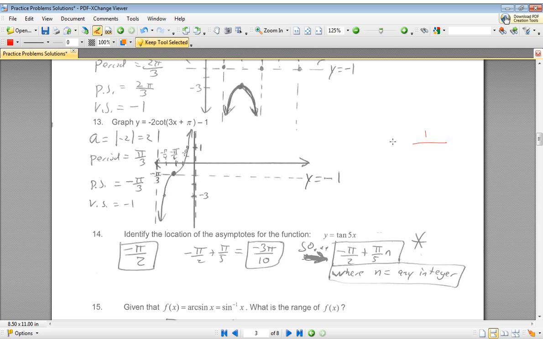So it would be negative 2, 1 over tangent of 3x plus pi, minus 1, and that should get you the same graph. So again, we have our period. Remember, for tangent and cotangent, the period is pi over b. Phase shift, set the parentheses equal to 0, and then vertical shift.